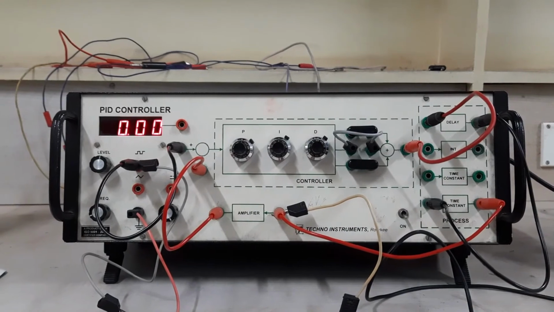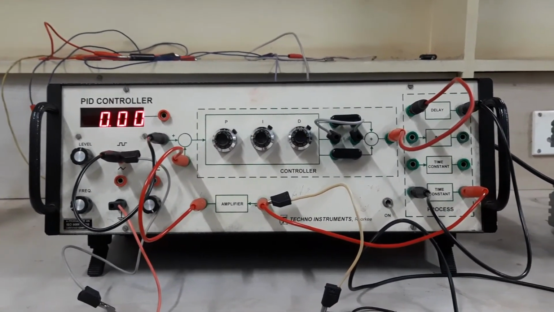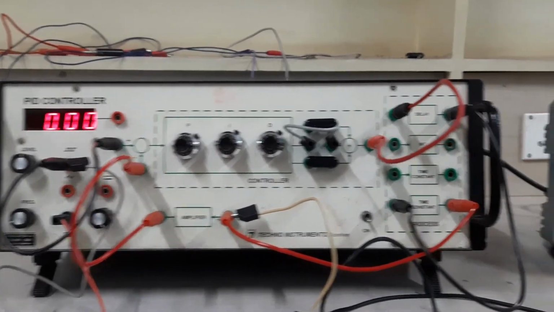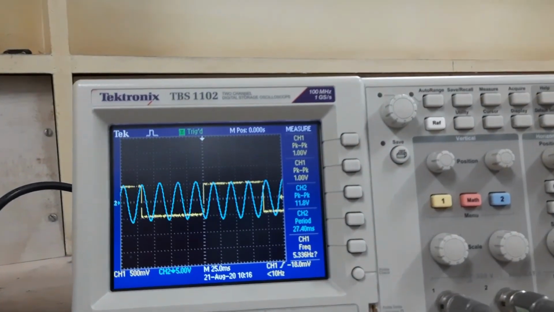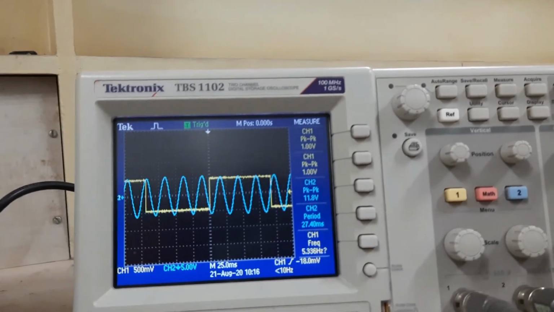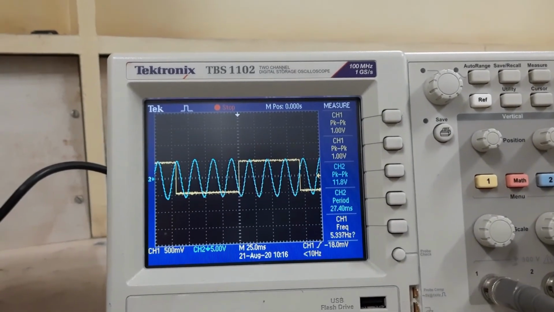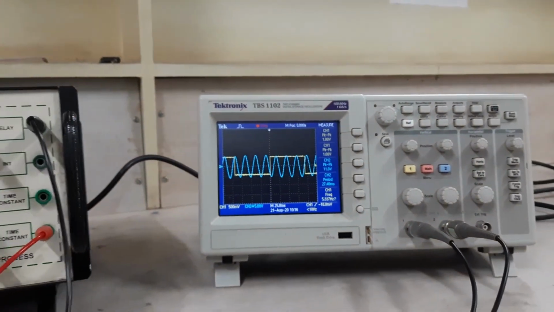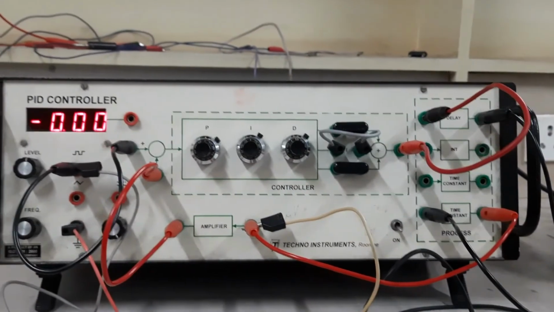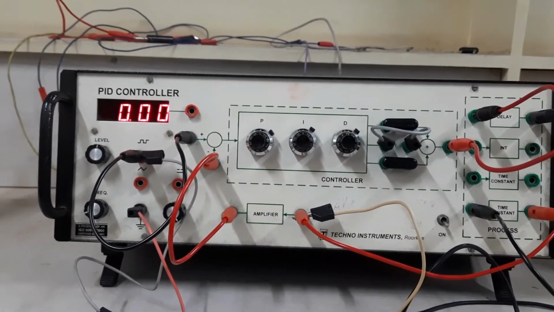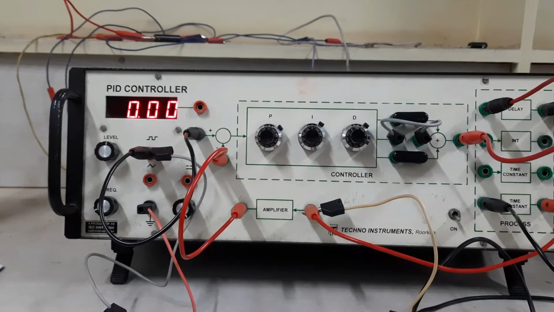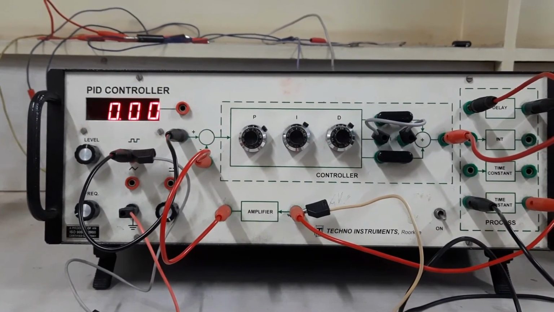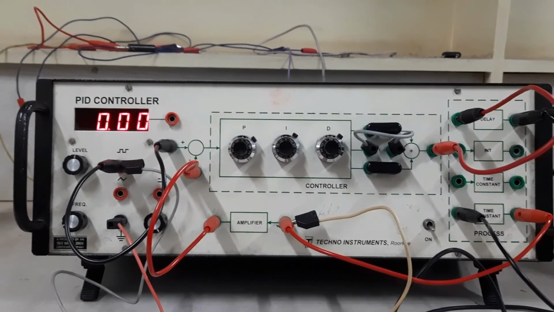We have increased the I potentiometer till sustained oscillation, and the sustained oscillation is coming at position 9, and this is our oscillation with position 9 of the I potentiometer. Now we have to set this I potentiometer at 1/3 of the present position, so 1/3 of 9 will come to 3. We have to set this at position 3.